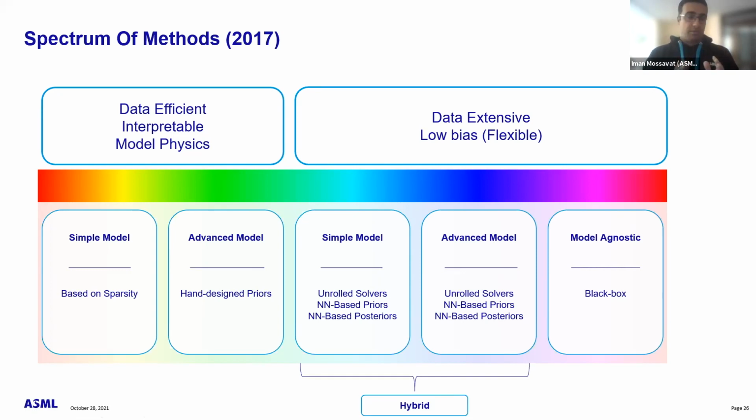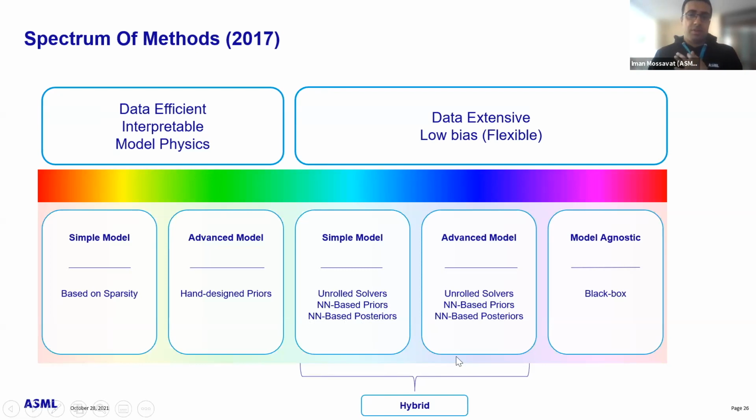That means that if you have 10 steps of the solver, you create a 10-layer neural network, and what each layer does is not a standard feed-forward operation, but something that uses the equations of a solver for L1 norm minimization. Then sometimes you model the priors or the posteriors with a neural network.